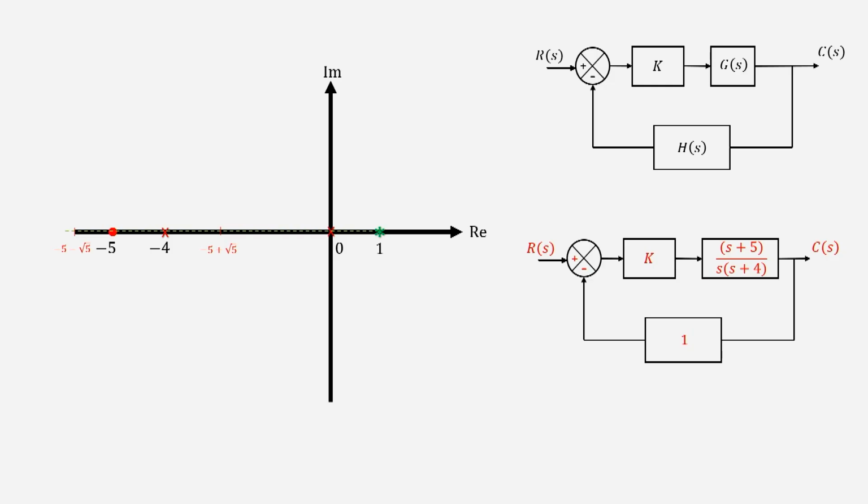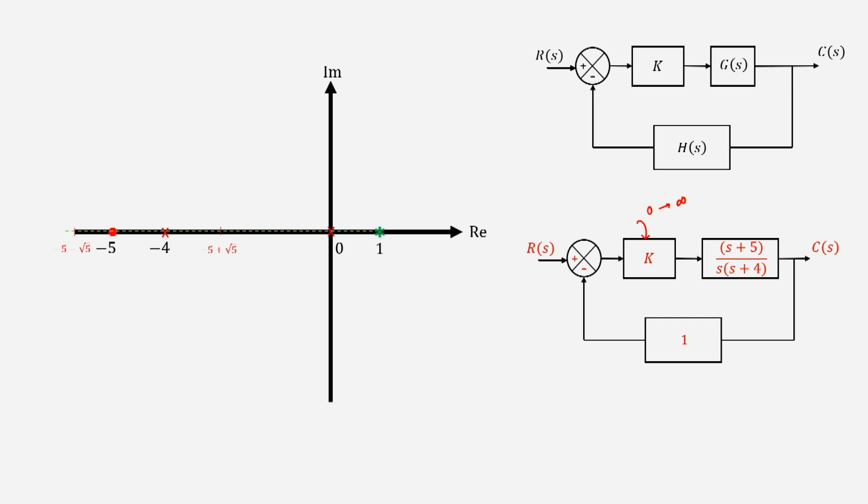Before that, let me just quickly go back to the problem that we were dealing with. Suppose you had a plant G(s) which has a transfer function of this form. The feedback here is unity and we have a negative feedback. So, the open loop transfer function comes out to be G into H, which is this transfer function, and our idea was we will vary k from 0 to infinity and find out all the closed loop pole locations and plot it.